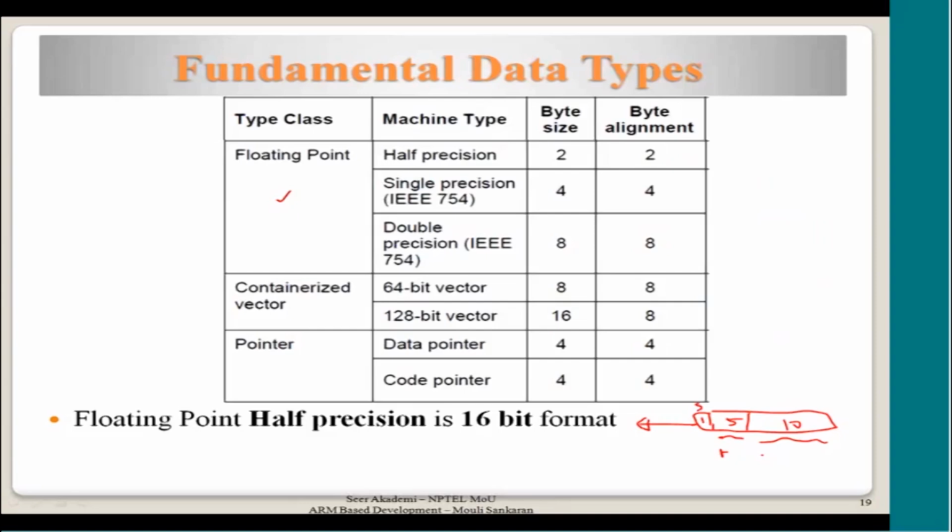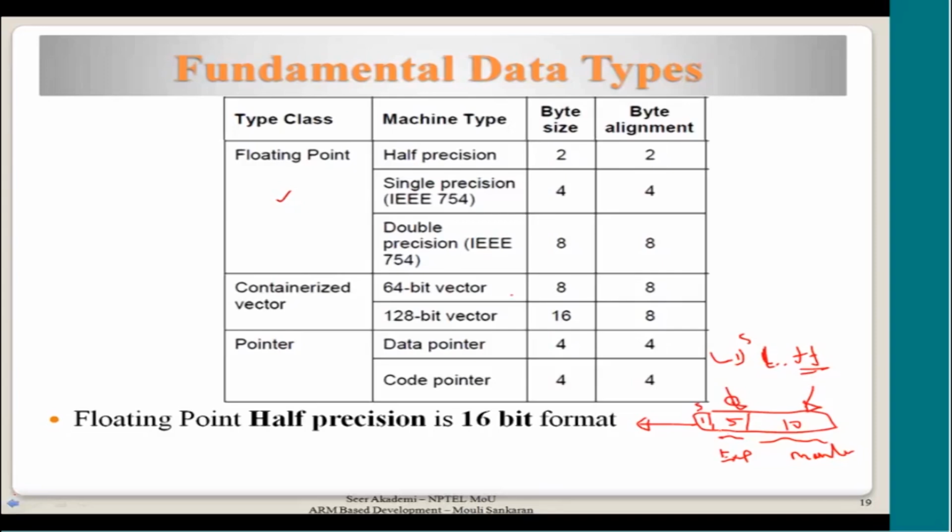The exponent portion is here, and the mantissa portion is here. That will be 1 dot s, if you remember, minus 1 to the power s, right? 1 dot s. This fractional part is here. The exponent part is here.